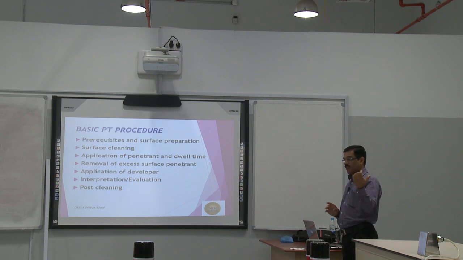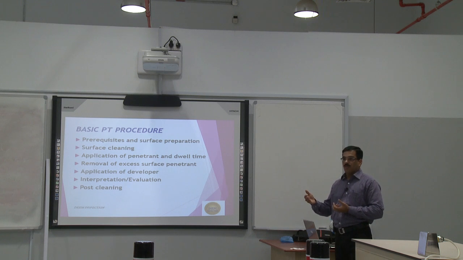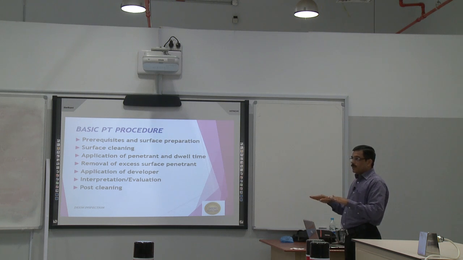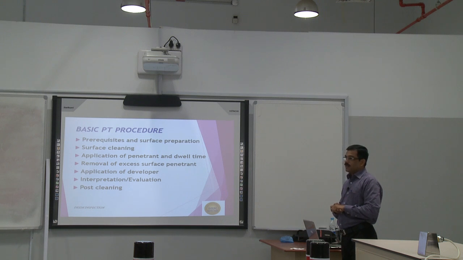Developer is just for the contrast, background contrast. The developer is white in color, and we apply the developer evenly. We also give some time for the wetting, usually 5 to 7 minutes, for the developer to wet equally. Then we will start the interpretation and evaluation.